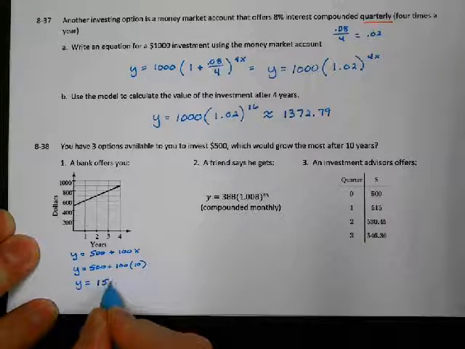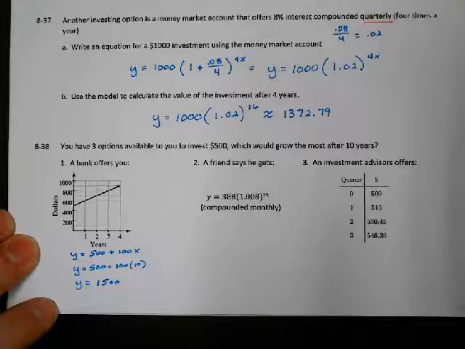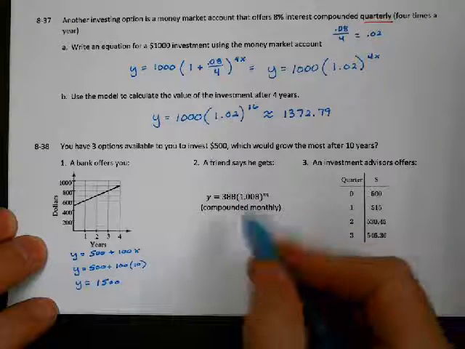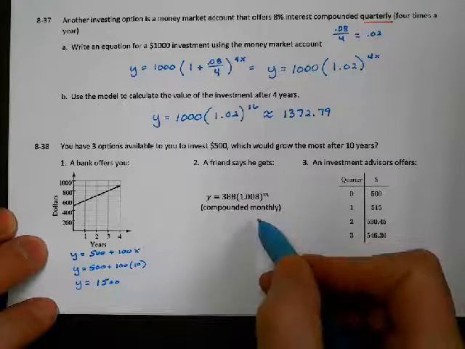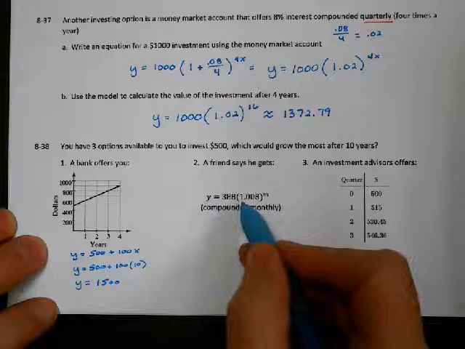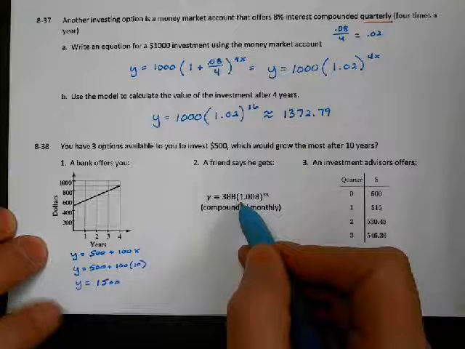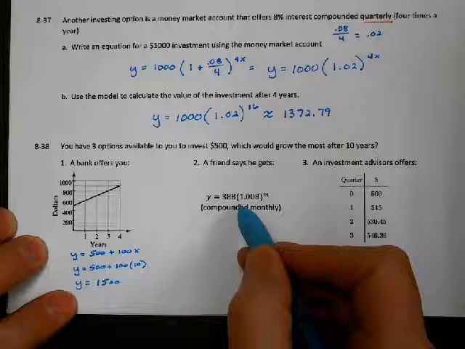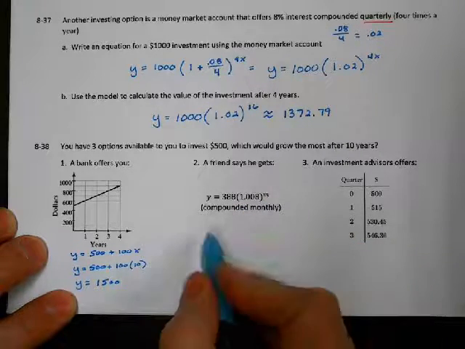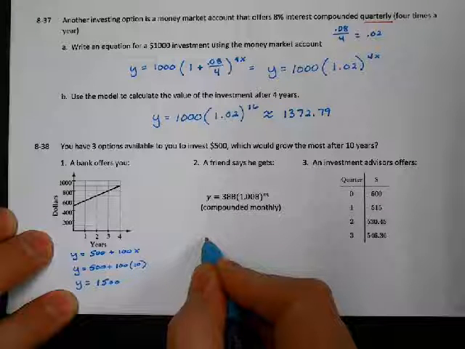All right, next one. You got a friend and he's like, oh, you got to try this that I've got. I get compounding monthly, and this is what my bank is giving. This is the equation that my bank's giving you. Okay, so then we would say, if it's compounded monthly, then if we do 10 years, our equation would be y equals, instead of 388, our initial value would be 500.